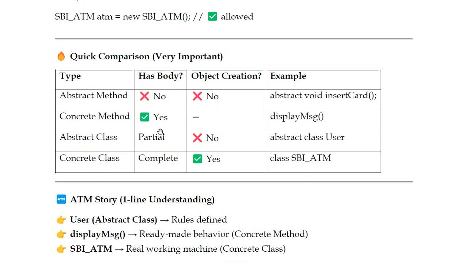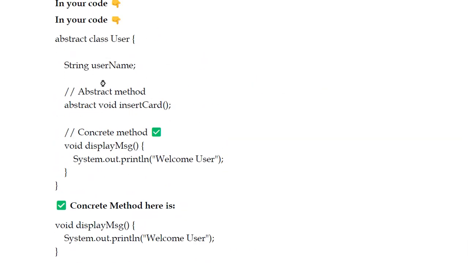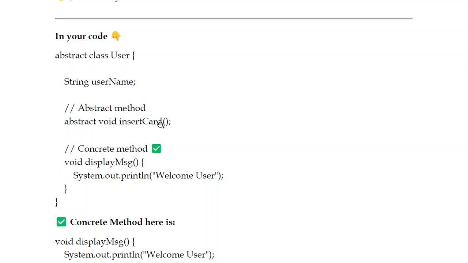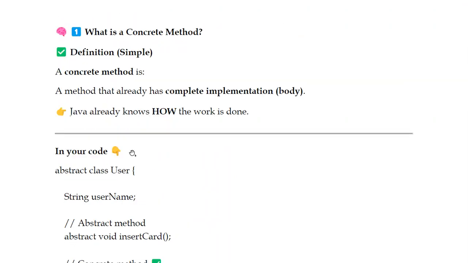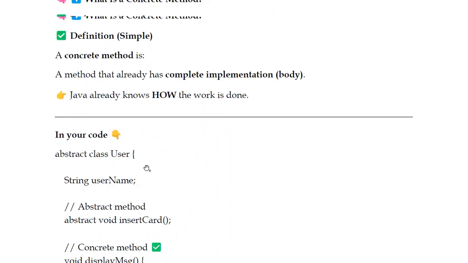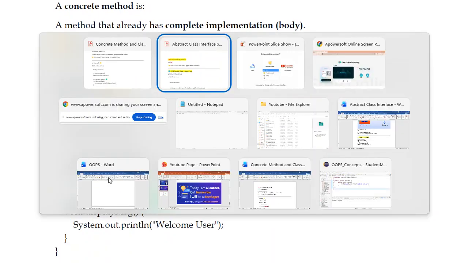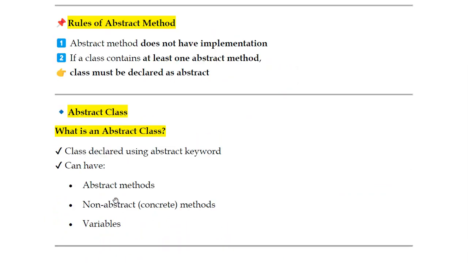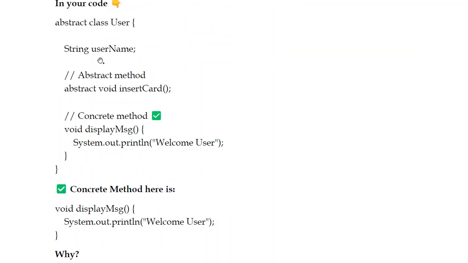Next, abstract class has a body partially. Why do we say partially? In our previous example, the abstract method has no definition, but in the concrete class we have the method definition. Am I right? An abstract class can have abstract methods, non-abstract methods, concrete methods, and also variables.